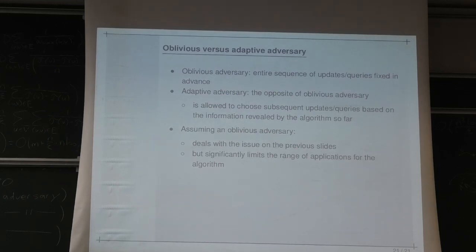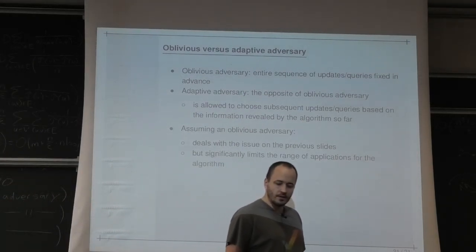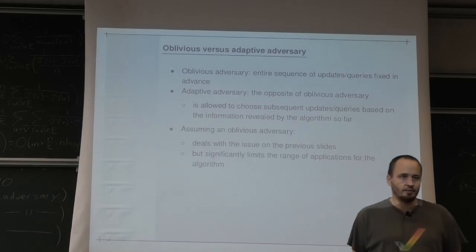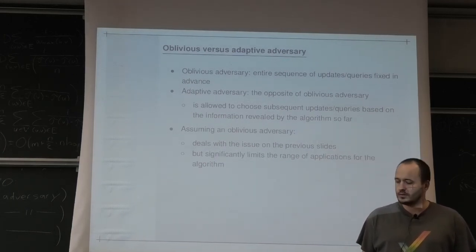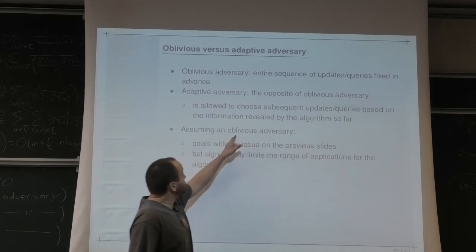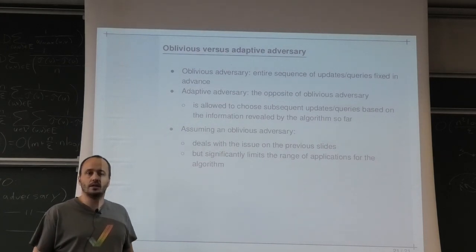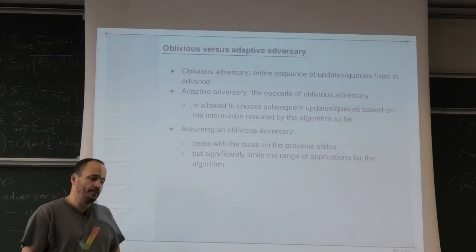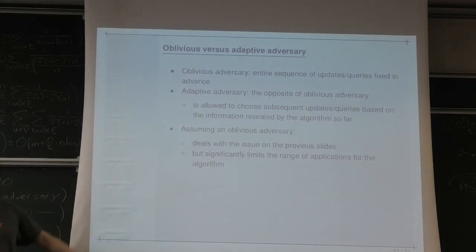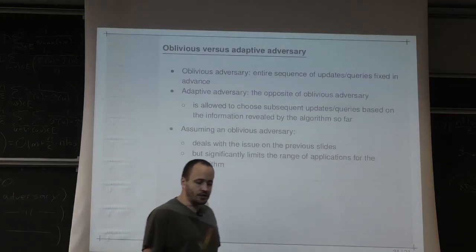Even if that algorithm has nothing to do with an evil user, just the way it works might destroy your analysis. It's still an adaptive adversary. So if you assume an oblivious adversary, then you cannot just use your data structure as a black box inside other algorithms. You need to give a case-by-case analysis and see, does it actually work for this algorithm? Is this algorithm a bad adversary or not?